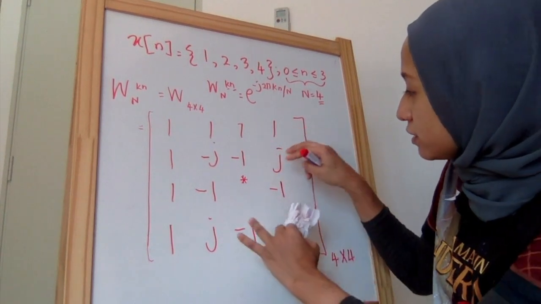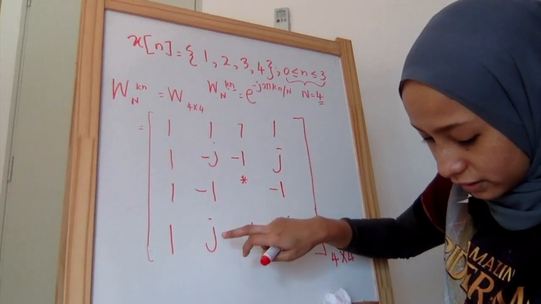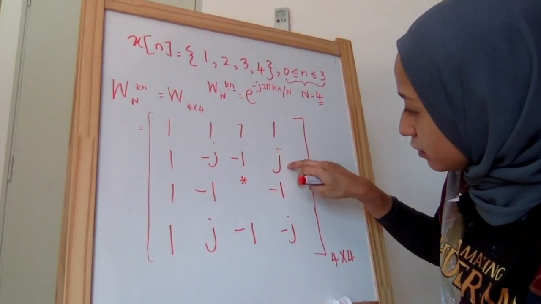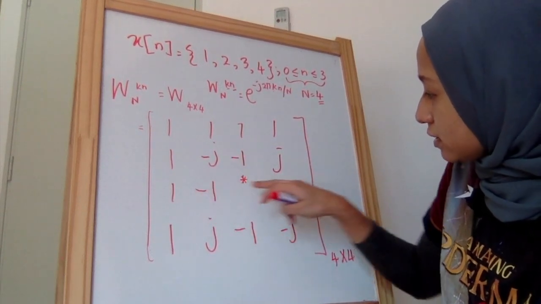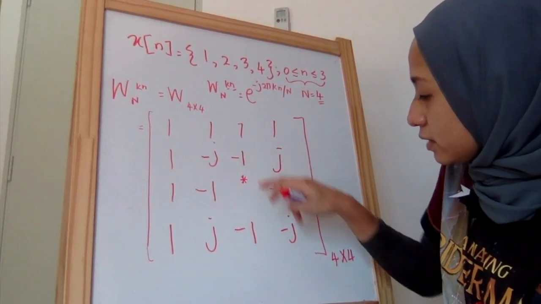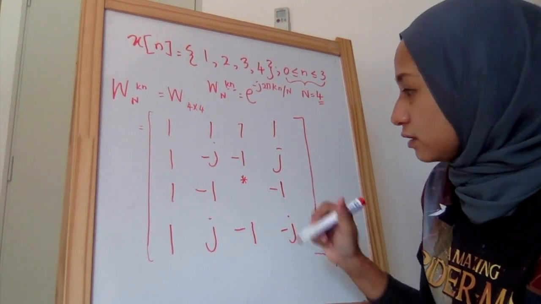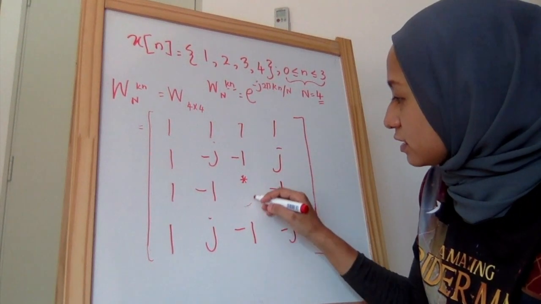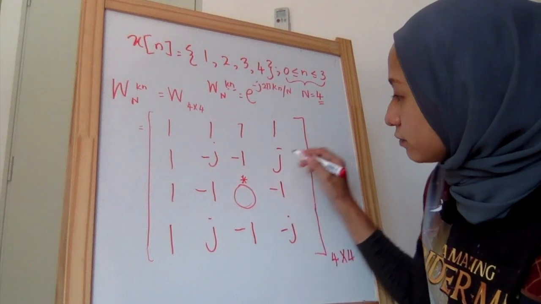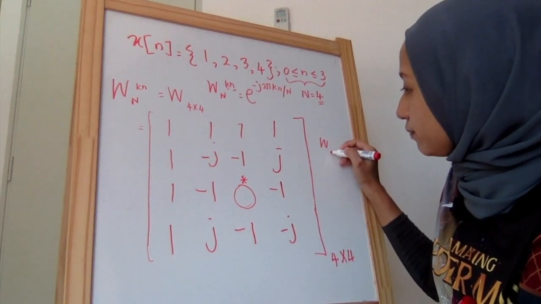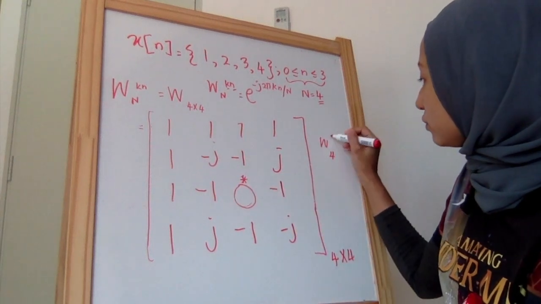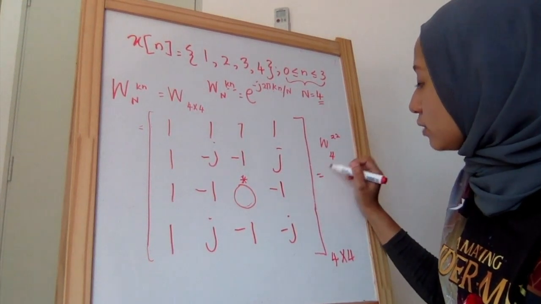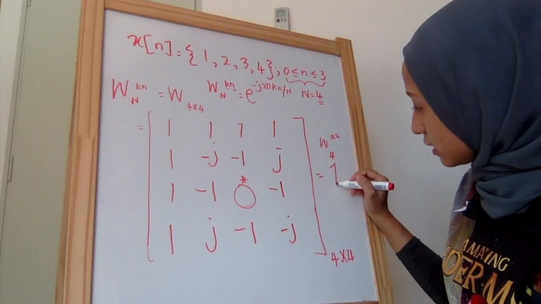So basically you just flip your value. Here is similar to here. This value is the same as this value. This value is similar to this value. This value is similar to this value. So basically you just have to find the value here for W422. After you do the calculation, it is equal to 1.